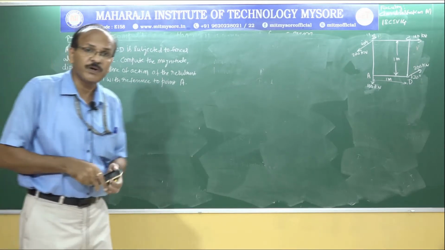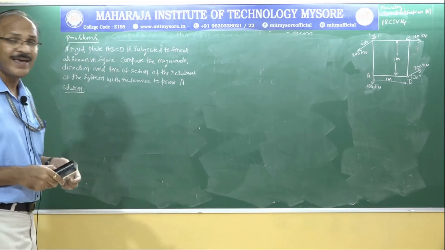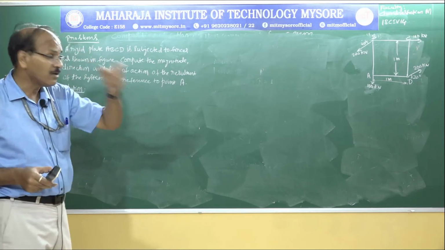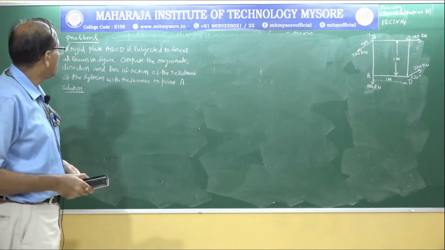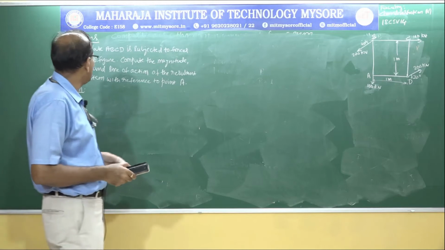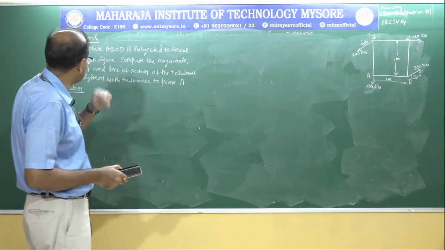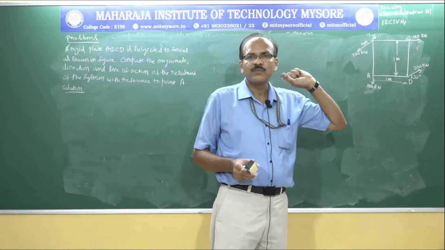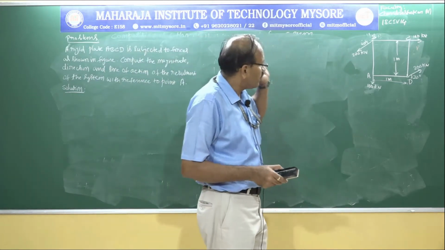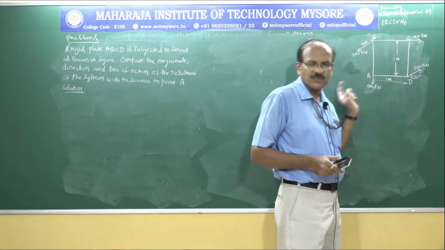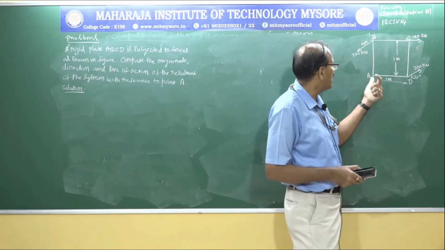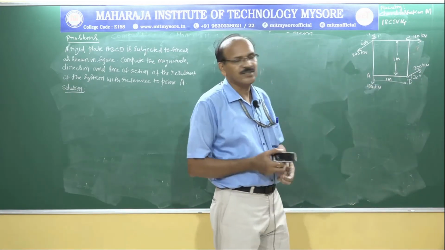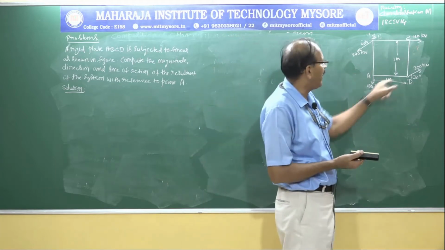Okay, let us go through the problem first. The problem says a rigid plate ABCD is subjected to forces as shown in figure. Compute the magnitude, direction and line of action of the resultant of the system with reference to point A. So what it means is, if you look at the forces, we have four forces acting at each corner of that square plate.